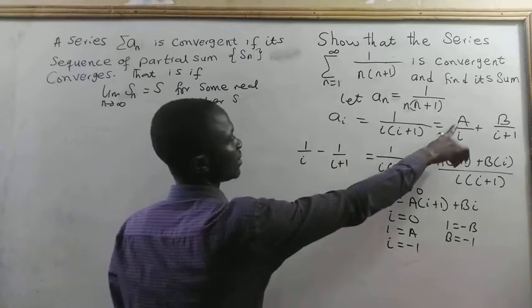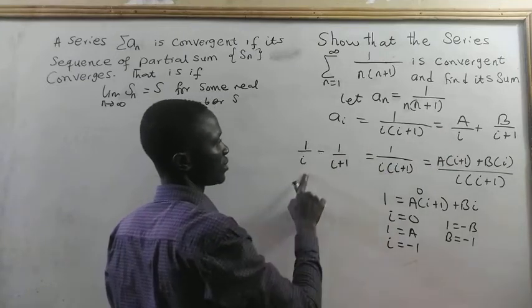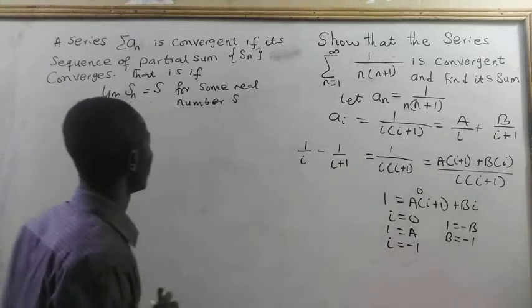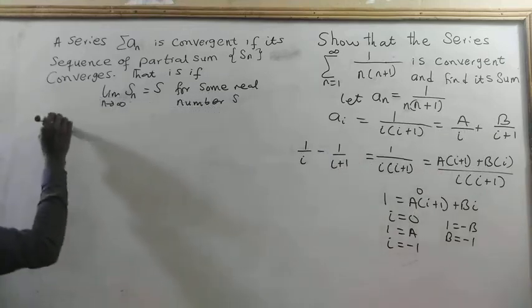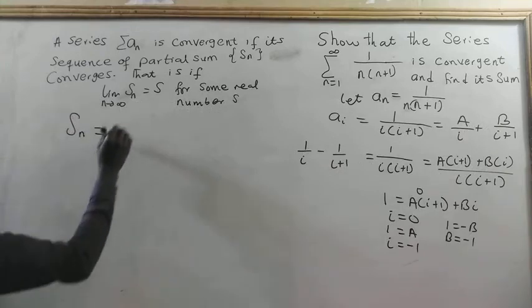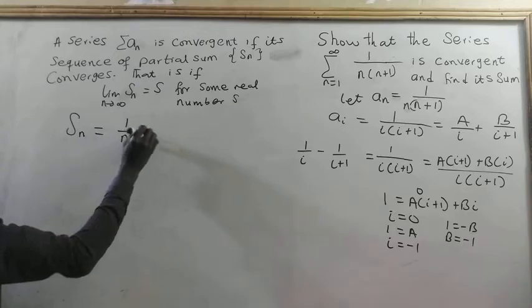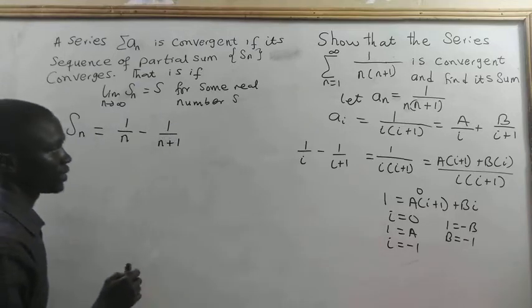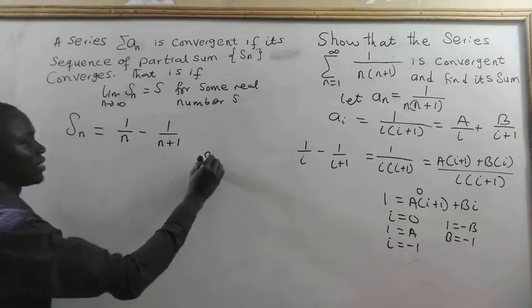That is, A is 1 and B is negative 1. So it means that the partial sum Sn is equal to 1 divided by n minus 1 divided by n plus 1.